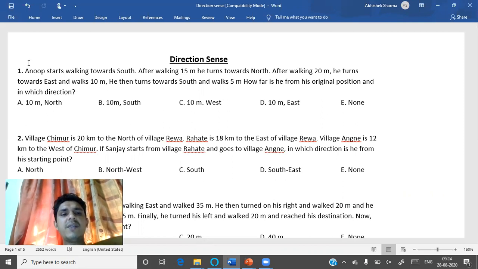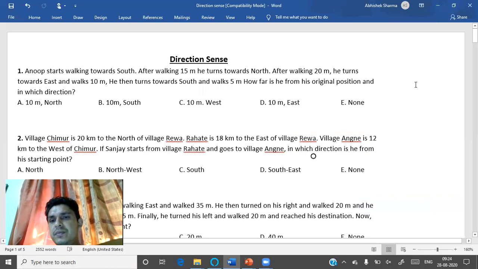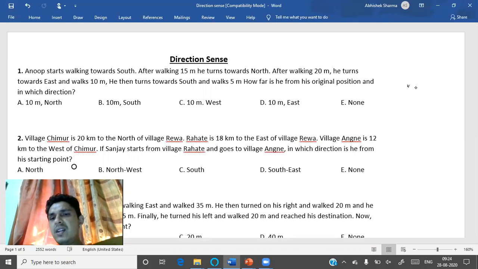After walking 15 meters he turned towards north. If I take the point here, he starts walking towards south and walks 15 meter, so you can write 15 meter.